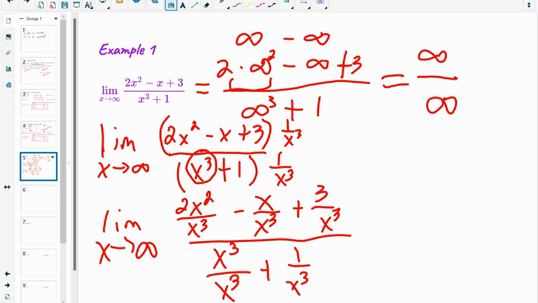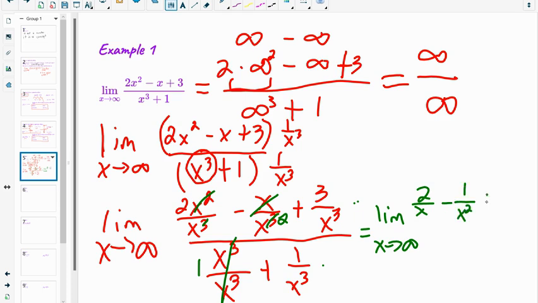Well, 2 x's will cancel from here and 2 will cancel from here, 1 will cancel from here and 1 will cancel from here, and then none will cancel from here. This will all simplify to be 1. Now, let's rewrite that. That's the limit as x approaches infinity of 2 over x minus 1 over x squared plus 3 over x cubed, all over 1 plus 1 over x cubed.